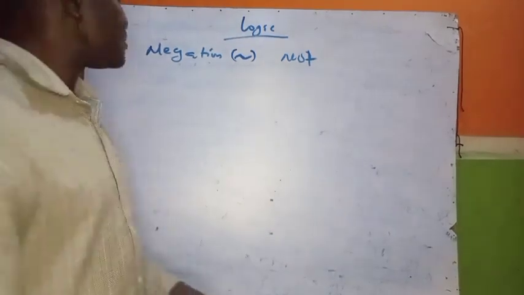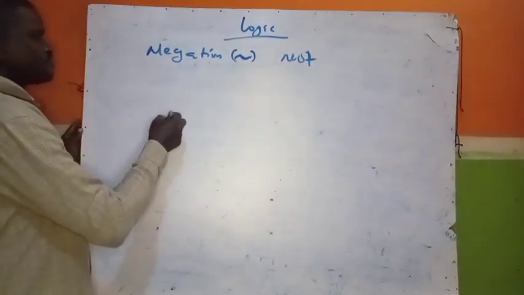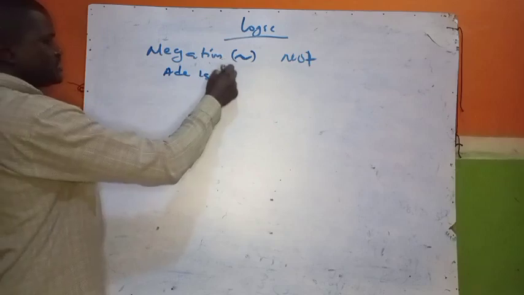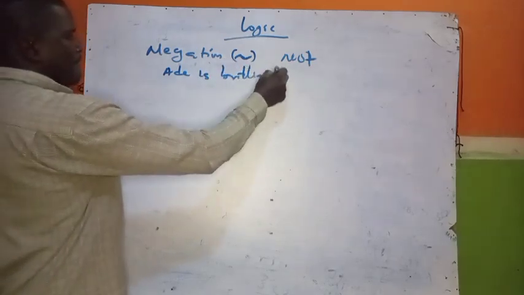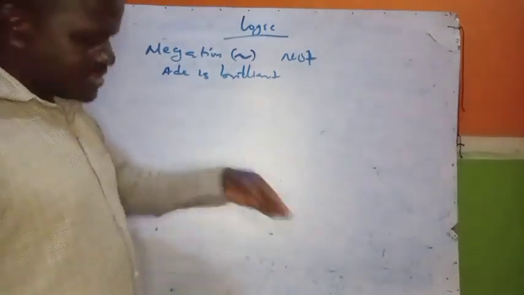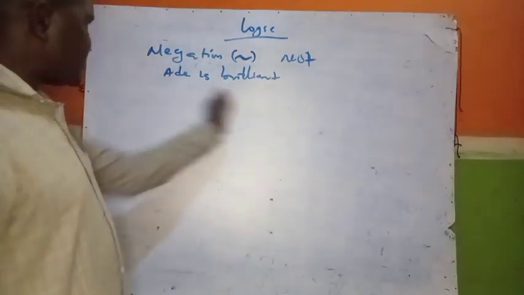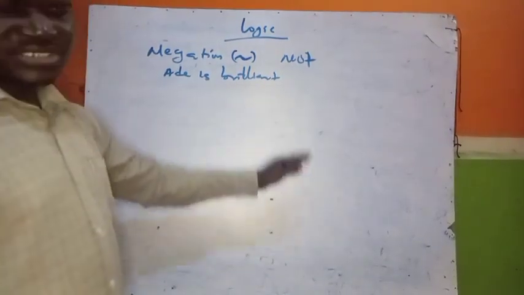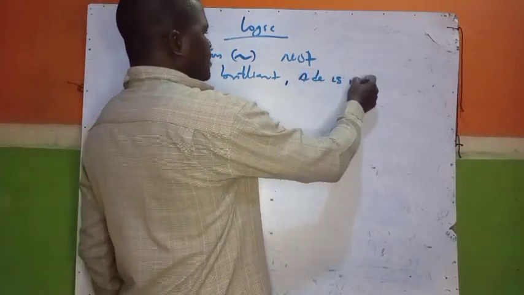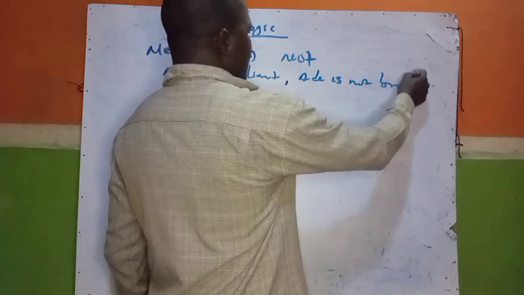So note that. Second, like here, if you say Ade is brilliant, that's the statement. If you have to write out the negation of this, it is Ade is not brilliant.